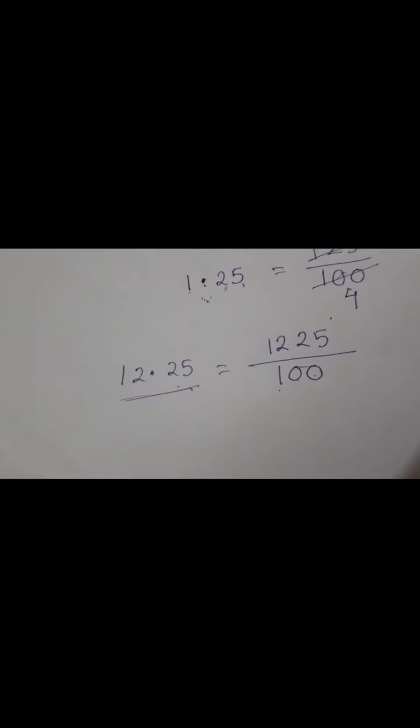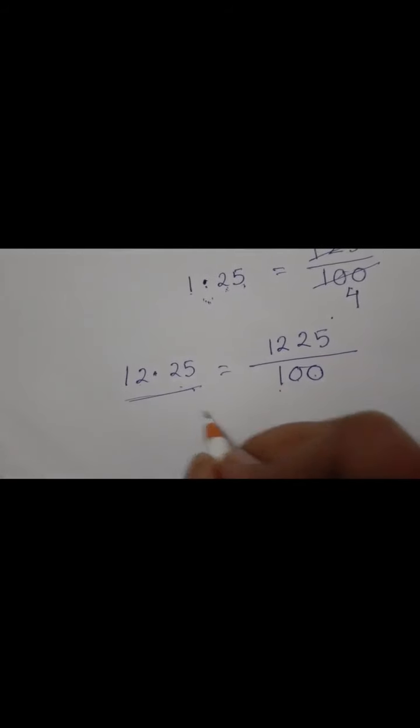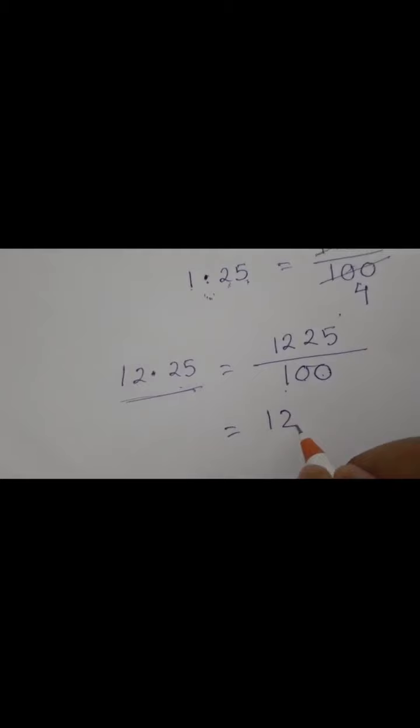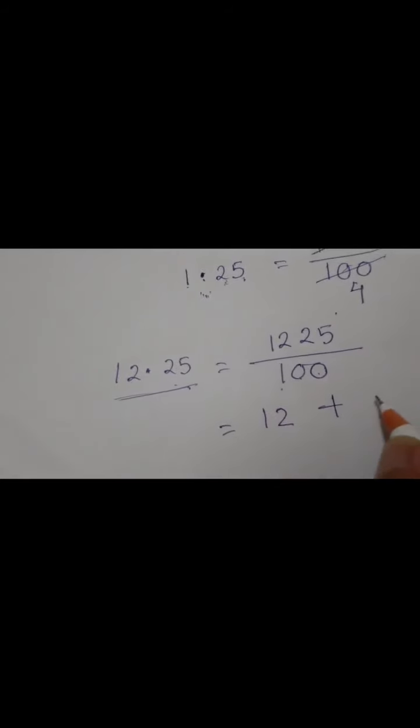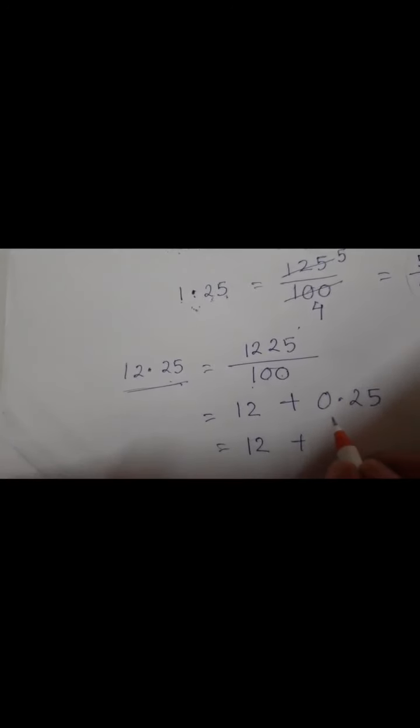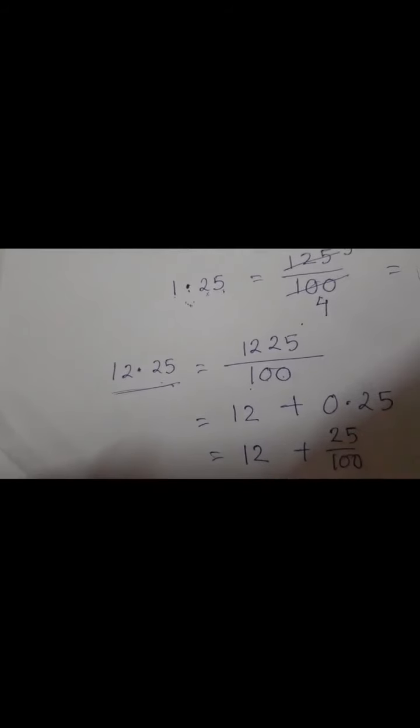But this is one procedure. Another thing is that we can write this in this way: 12 plus 0.25. We keep 12 as a whole number and we write 0.25 as 25 by 100.